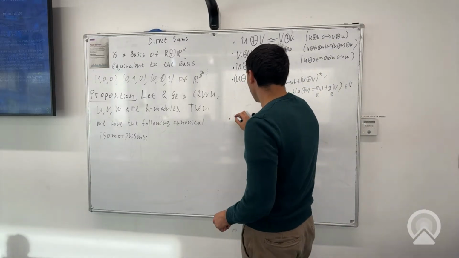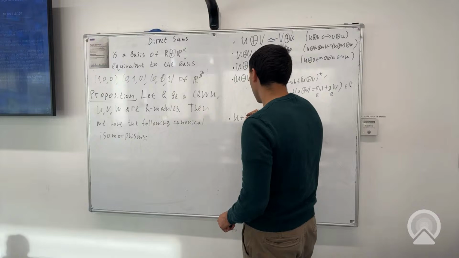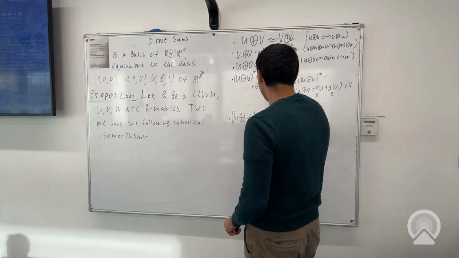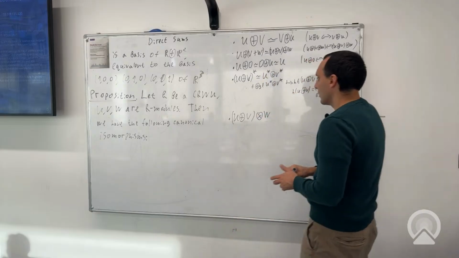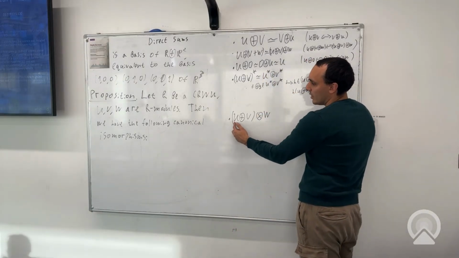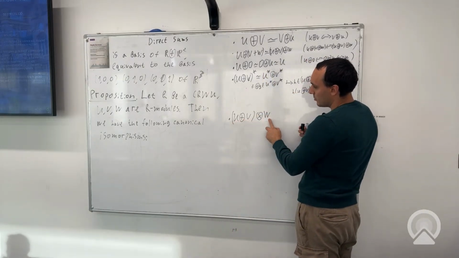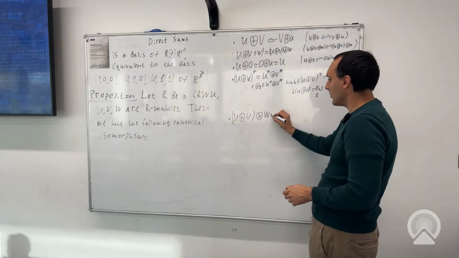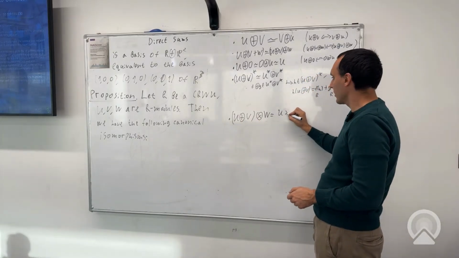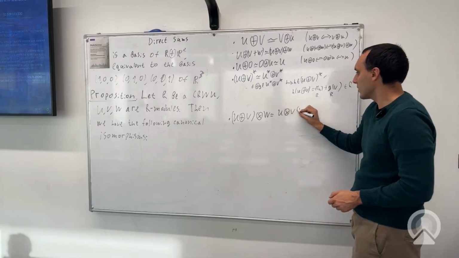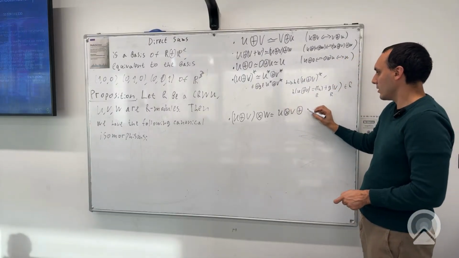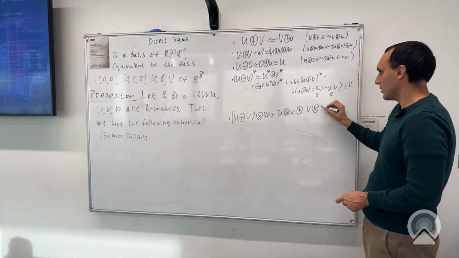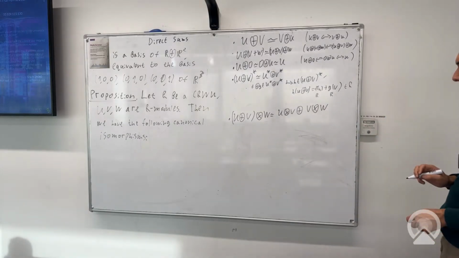And we have the distributive property. So (U plus V) tensor product with W. Remember, if the dimension of these is M, N, P, the dimension is (M plus N) times P, which is the same as M times P plus N times P. Now, what's the identification here?